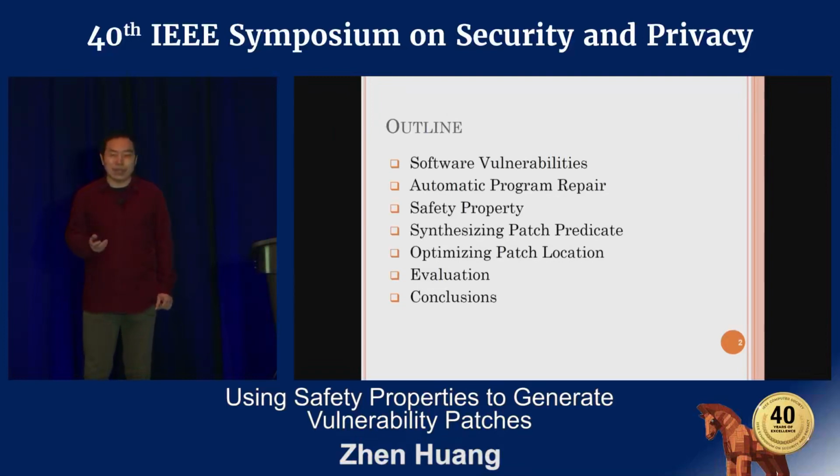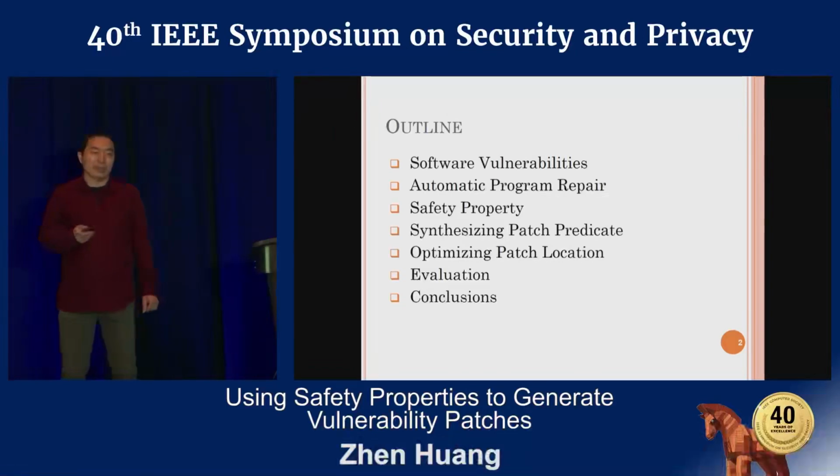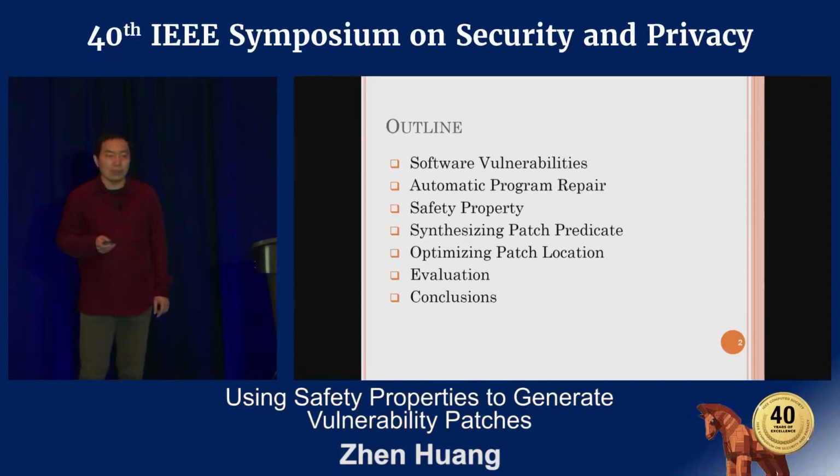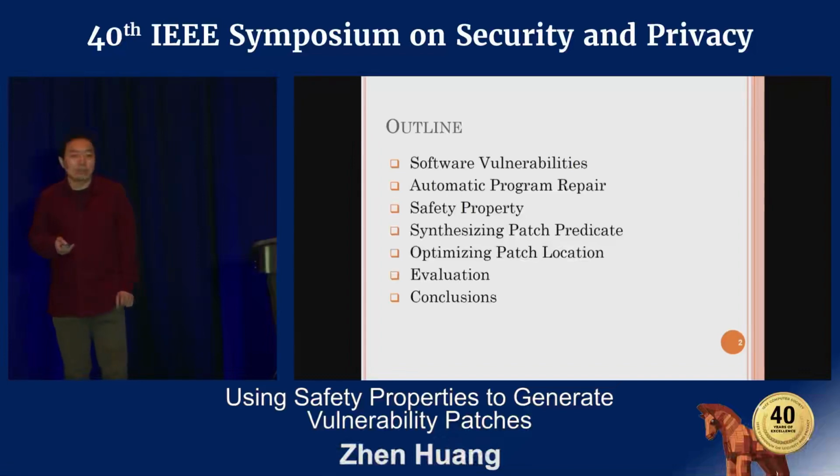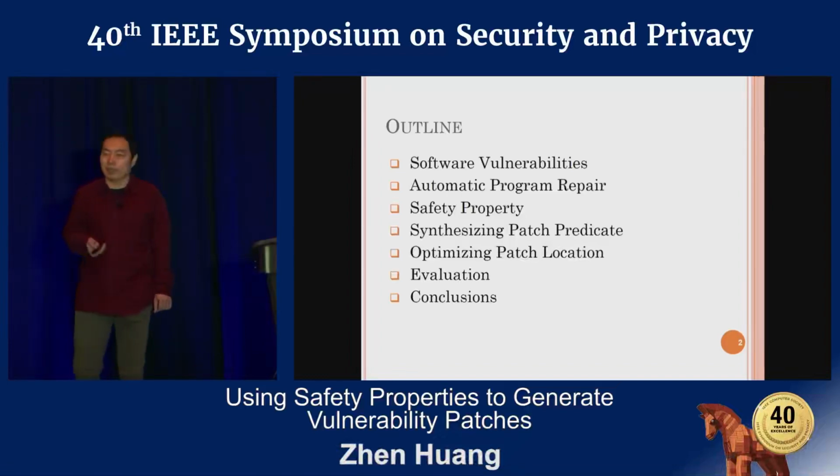Then I will describe safety property and how we use safety properties to generate vulnerability patches, which involves synthesizing patch predicate and optimizing patch location. Lastly, I'll present our evaluation results and conclude.